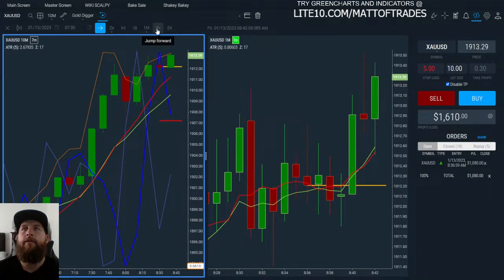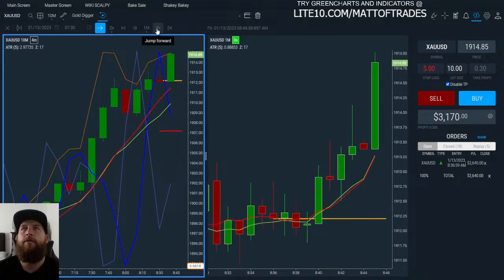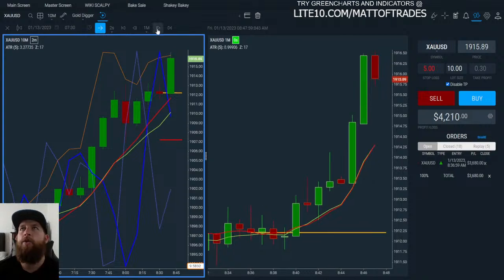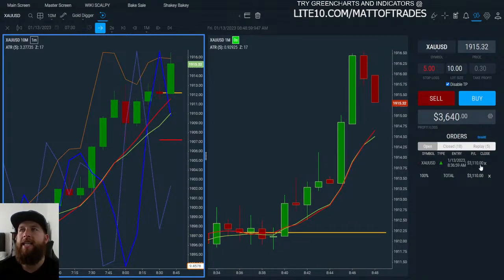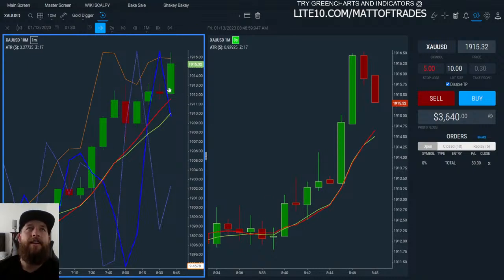Hey, here we go. Breakthrough. Sick. Alright, so we clawed all that back. Scary though, because that's a heck of a resistance right there probably, especially after such a big move.